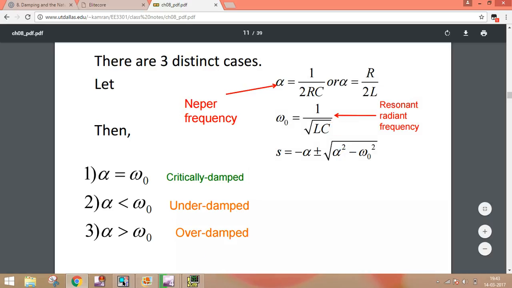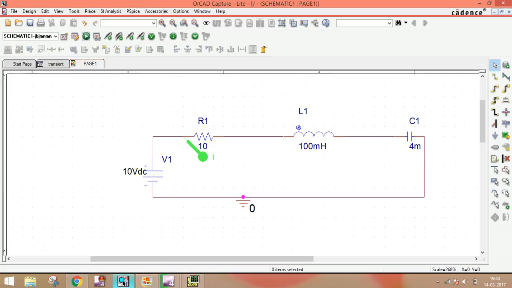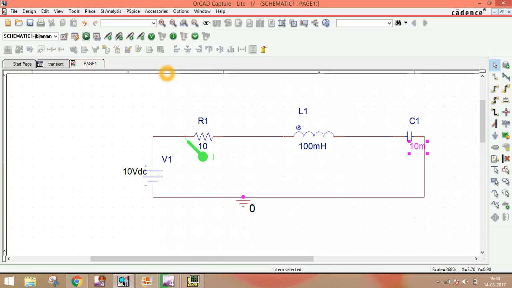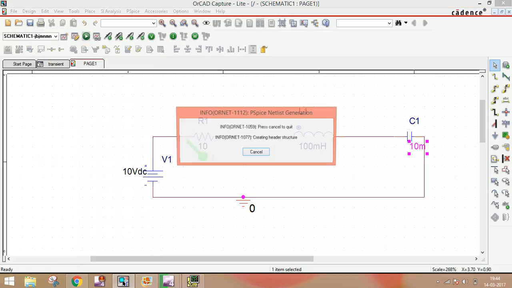And for underdamped, omega naught is greater than alpha, which means C is greater than 4 mF. So for greater than 4 mF, suppose I set a value like 10, and now save and done.